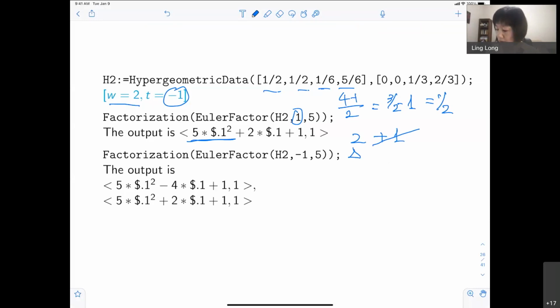And if you get to minus 1, it's 4-dimensional. All right. And in this case, Magma also tells you that you can do the factorization into 2 pieces. So you can play around by using this Magma package. All right. So the previous few slides only tell you what you will get if you use Magma.